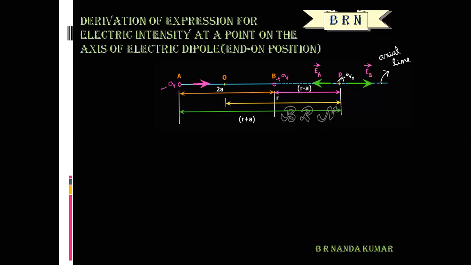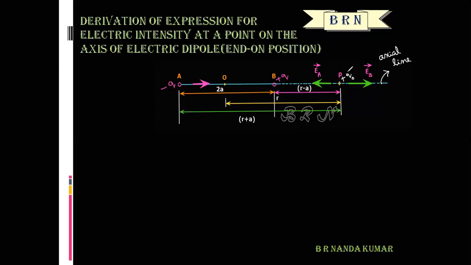And while calculating the electric intensity at point P due to minus q at A, we just ignore the presence of plus q at point B. Okay, and one more electric intensity is also there at point P due to plus q at B. That is along the OP direction, right? So plus q naught is placed at the observation point P. Due to plus q, what happens?